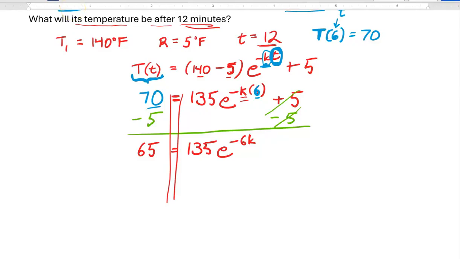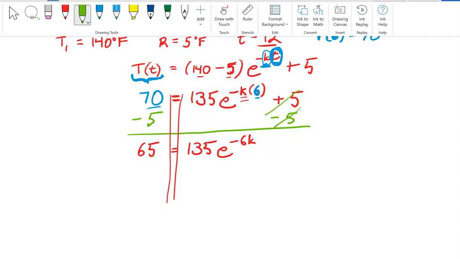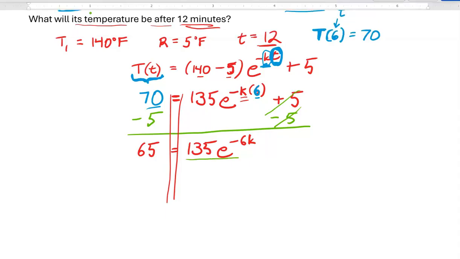Okay, so now it's kind of like one you've done before, hopefully, where we need to divide by the 135 to isolate the e part. Okay, so I'm going to have to divide 65 by 135.